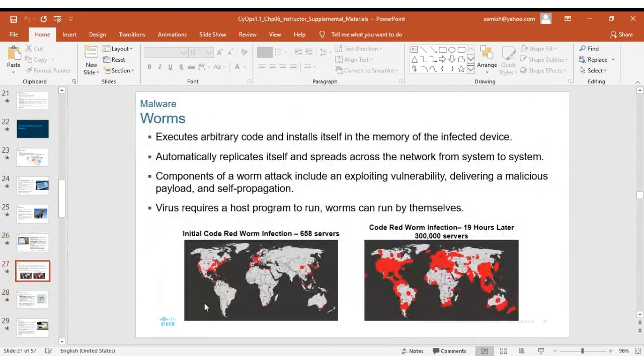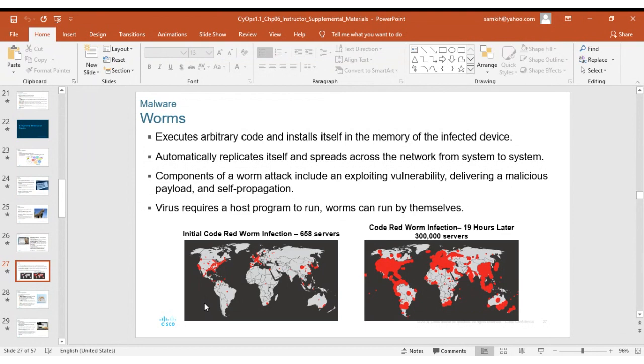So we have worms. I believe that we know the worms. They stick into the computer memory most of the time, and they execute arbitrary code and install themselves in the memory of the infected device. After installing themselves in the memory, they replicate and then fill the whole memory, such that if you try to open a particular program, you just find a message, not enough memory, even though it's a very small program and you may not have many programs installed in your system.